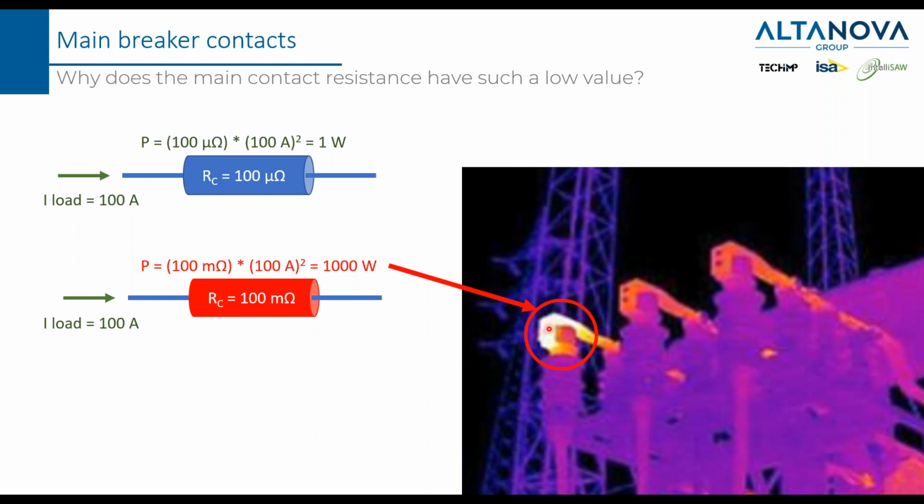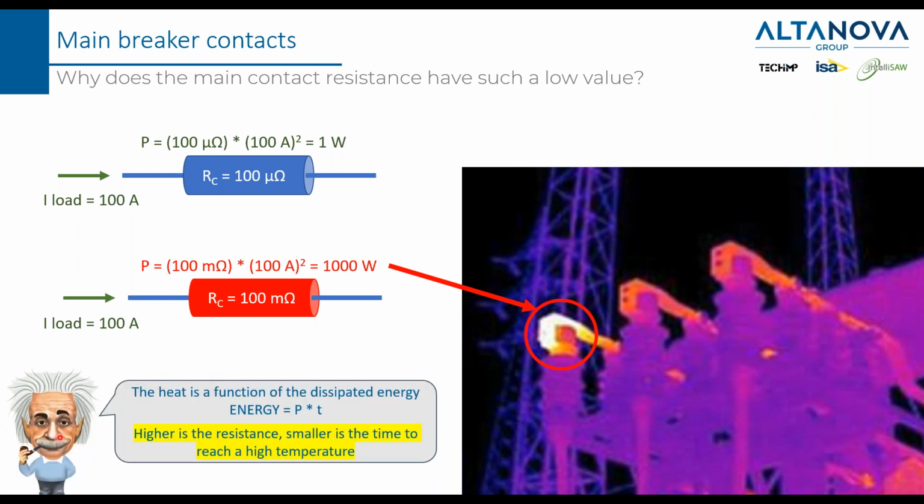So this part is much hotter than the other two, and the heat, if it remains for a long time, can damage the asset, can damage the conductor, because it increases the speed of the aging of the asset.